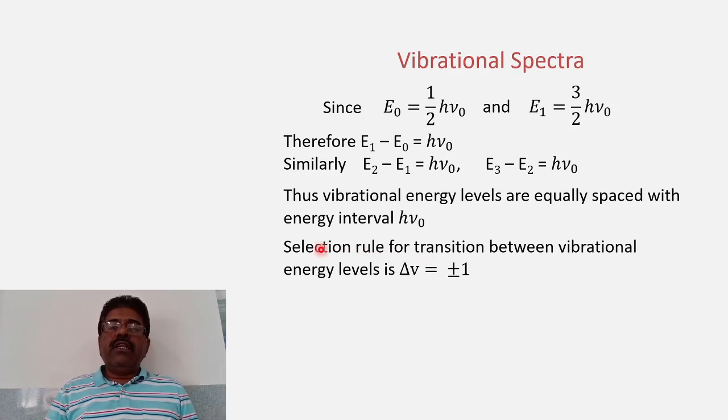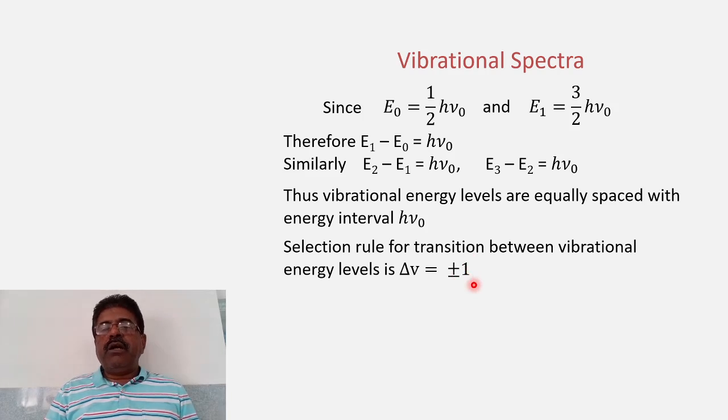There is a strict rule, a selection rule, for transitions between the vibrational energy levels, and it is given by delta V is equal to plus or minus 1. Delta V represents the difference between the two values of the vibrational quantum number V. So only for those levels where the difference is either plus or minus 1 are the transitions allowed.